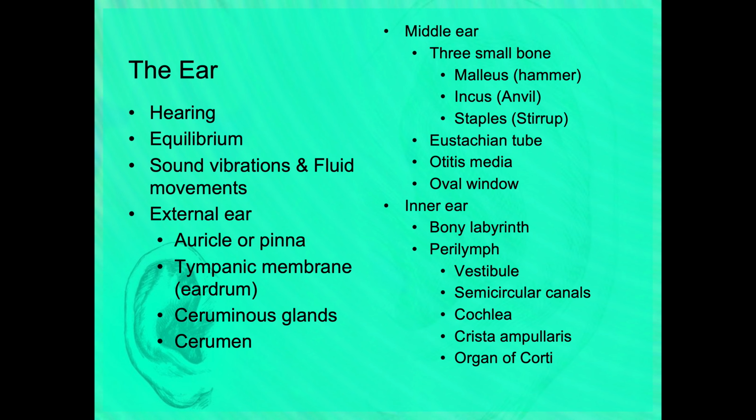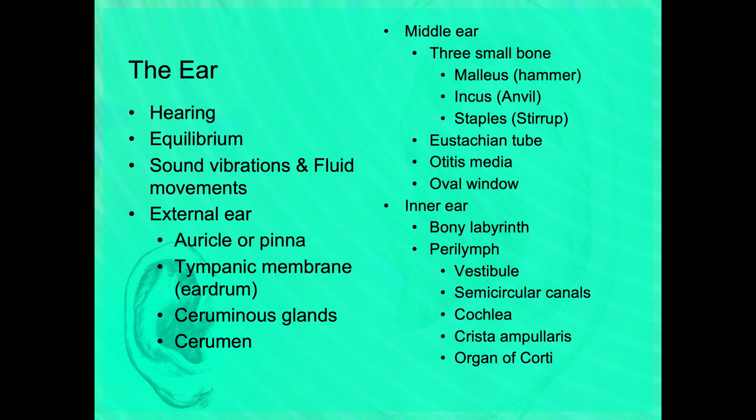And also the ear plays a role in our balance or equilibrium. The way that we hear is that whatever particular item gives off sound, it vibrates waves in the air itself, and that causes fluid in our ear to vibrate. That information is in turn sent to the brain and then interpreted as a sound.